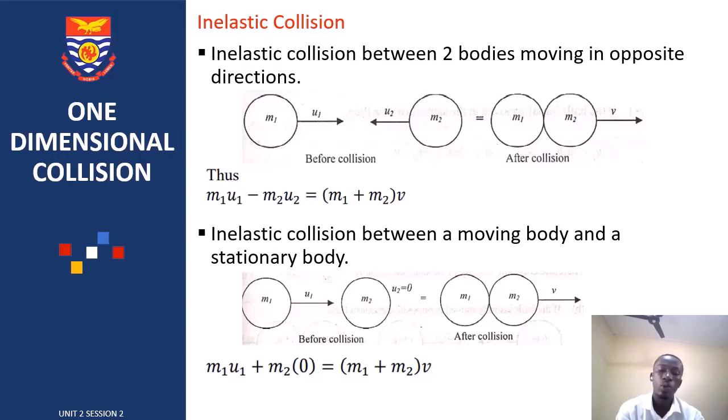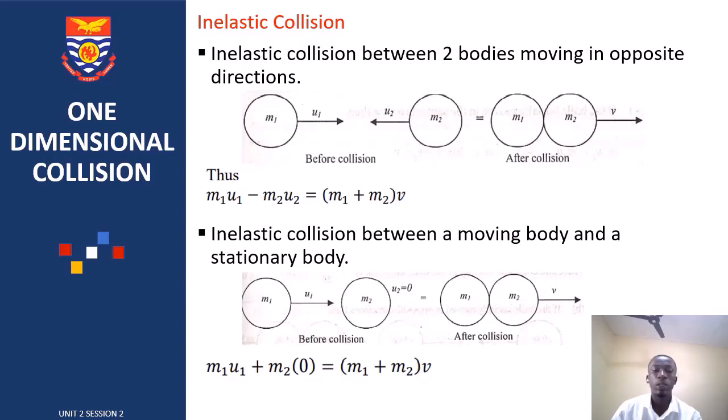The second one that we look at is where one is stationary and one is moving to collide. And here we will be comparing before the collision and after the collision. And you know why we do that from our next slides, where we will be stating the laws of conservation of motion. So the first one, inelastic collision between two bodies moving in opposite directions.